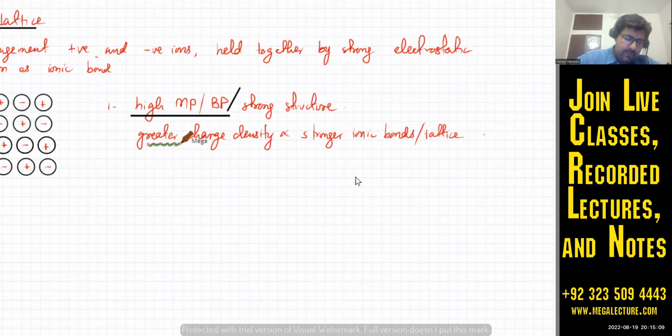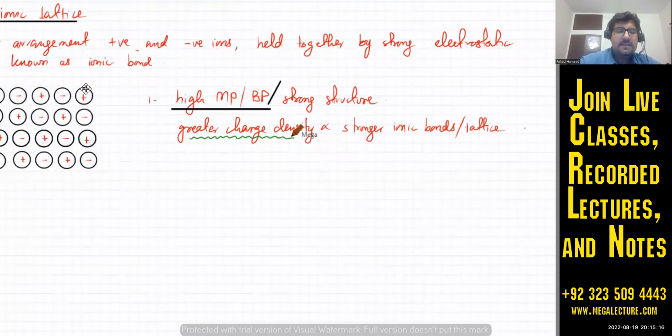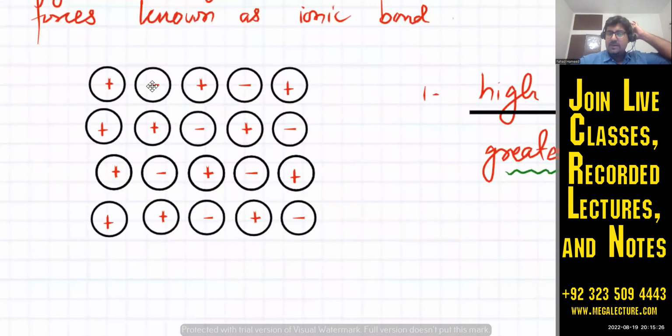When will the lattice be strong? First, when the charge on the ion is larger. अगर ये +2 होता है and that is -2, then the lattice would be stronger. So instead of +1 and -1 attracting each other, +2 and -2 will attract each other with a lot more strength.